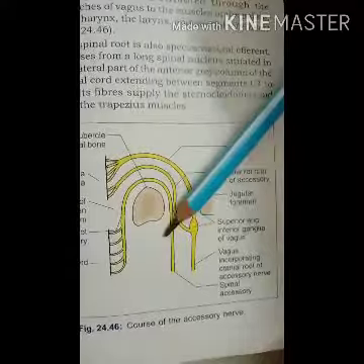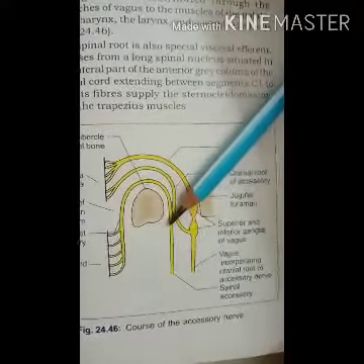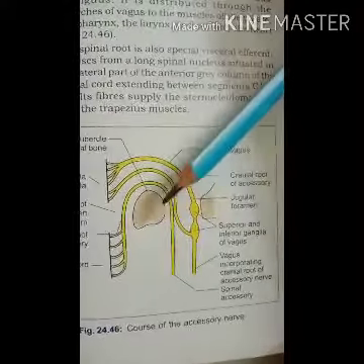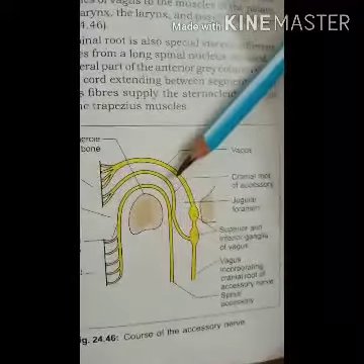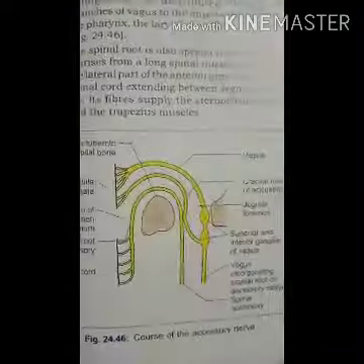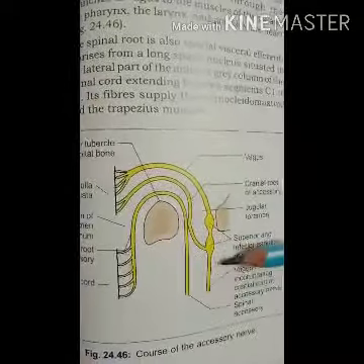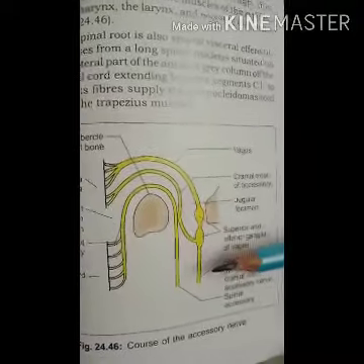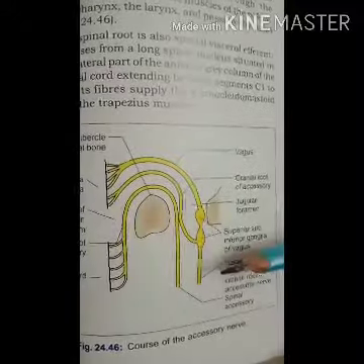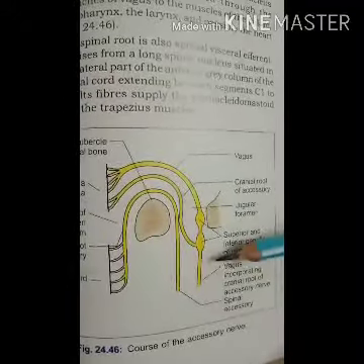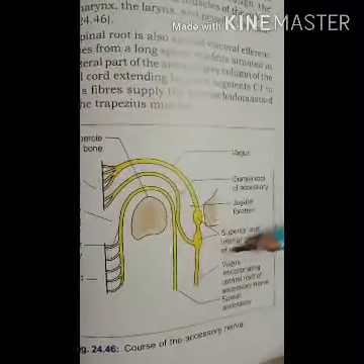it descends vertically downwards between the internal jugular vein and the internal carotid artery, and then it pierces the sternocleidomastoid muscle at the junction of the upper 1/4 and the lower 3/4 of the muscle and supplies the muscle.